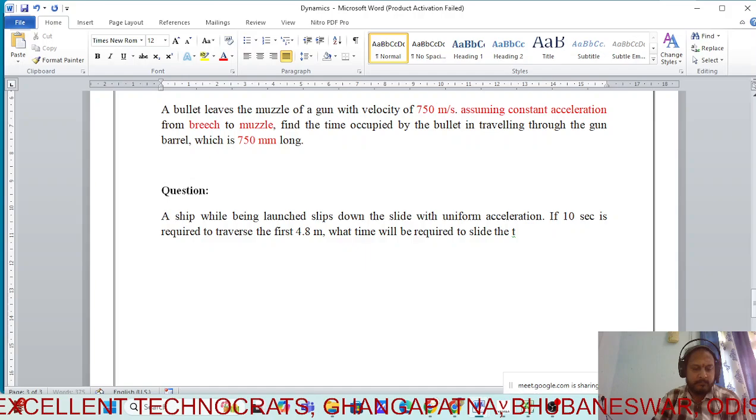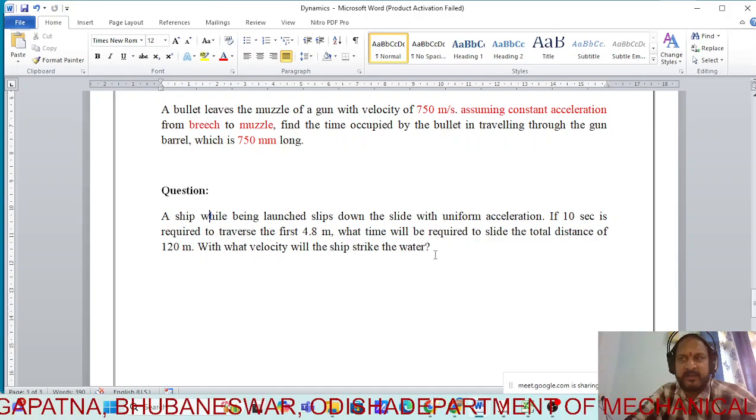So here the question is a ship while being launched. You might have seen that before the ship enters the water, the ship is being launched. Many of you might have seen this launching of the ship in videos on YouTube reels or social media.